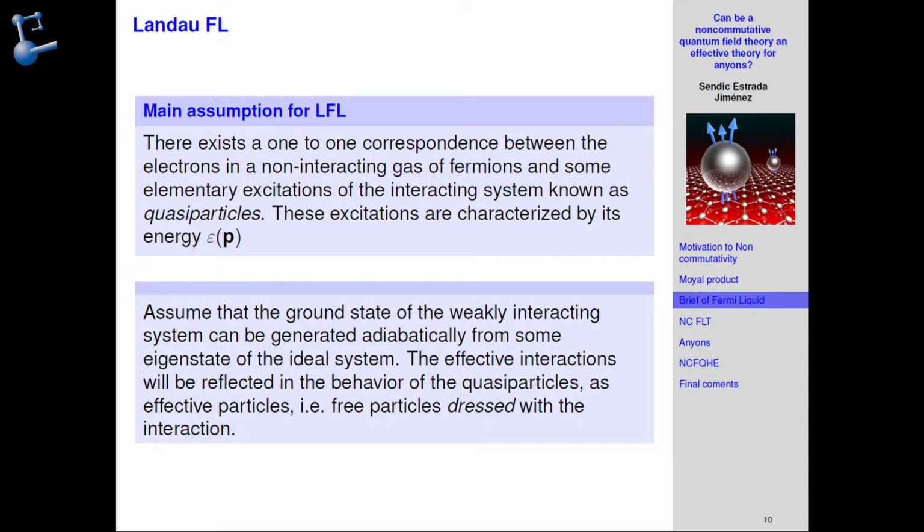For Landau Fermi liquid, they assume there exists a one-to-one correspondence between the electrons in a non-interacting gas, an ideal gas of fermions, and some elementary excitations of the interacting system known as quasi-particles. These excitations are characterized by their energy, epsilon_p.